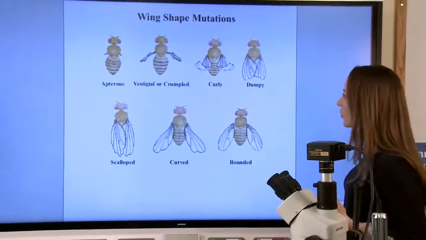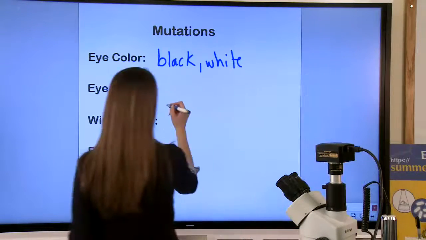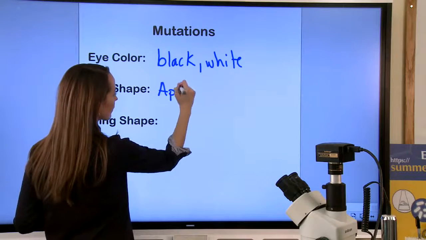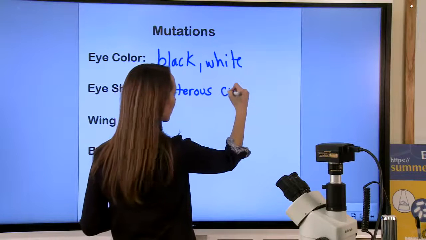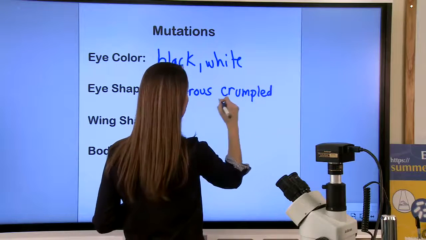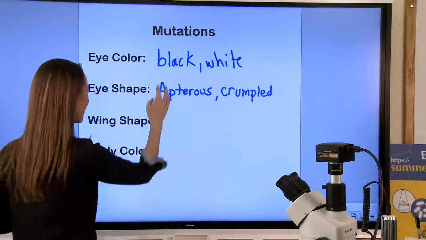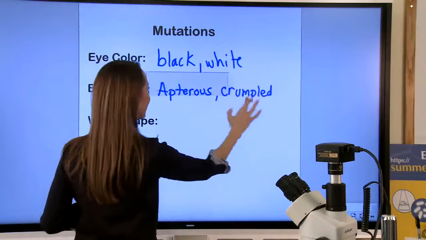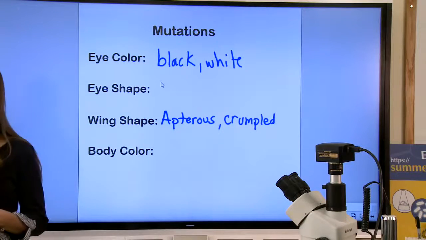All right, so I'm going to include apterous, crumpled. Up, and I put that in eye shape. So let's see if we can move that one down. Perfect. Wing shape. All right, eye shape.